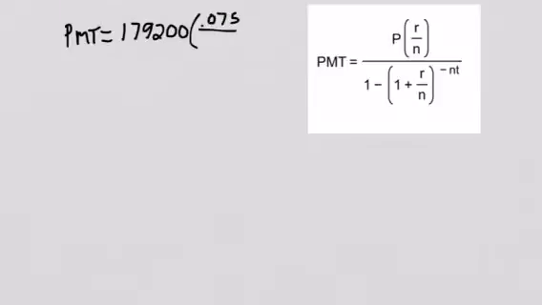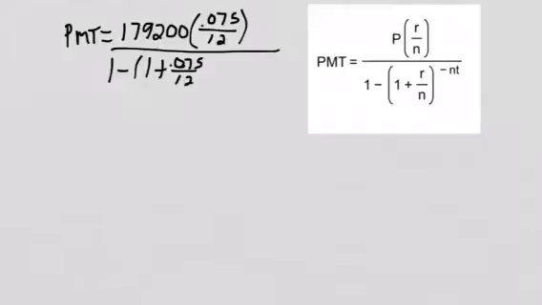N is the number of times it's paid per year, so in this case N is 12. Now that's divided by 1 minus the quantity 1 plus your rate, 0.075, divided by 12, raised to the NT, well again, N was 12, and our T was the number of years, which was 30.